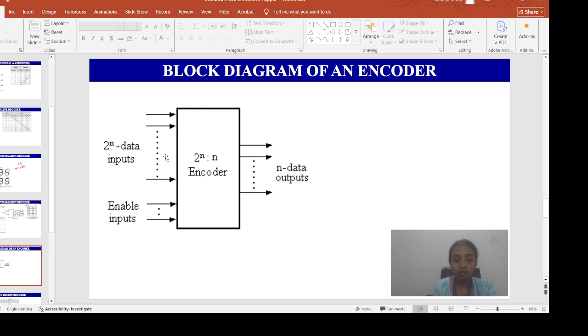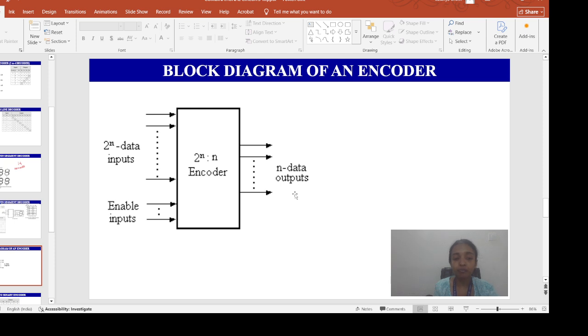Only one input is active at any time. It encodes one of the active inputs to a coded binary output with n bits, and in an encoder the number of outputs is less than the number of inputs.